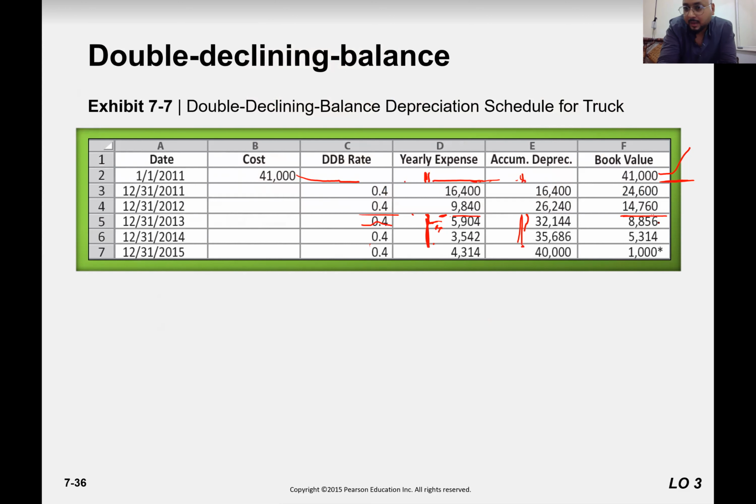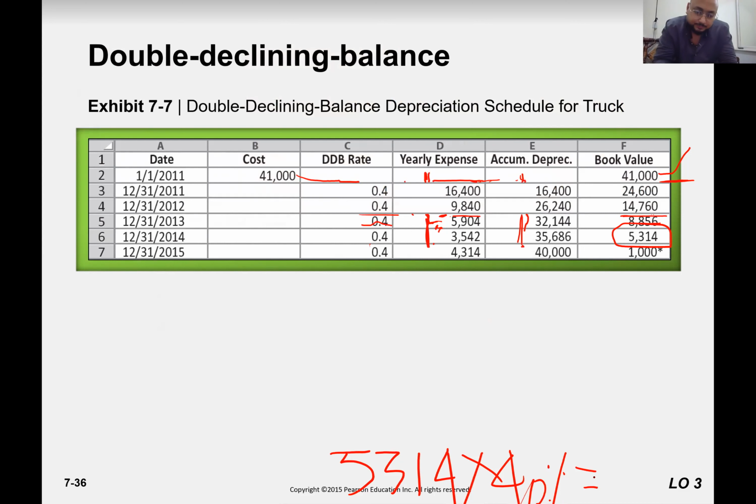If you multiply 5,314 by 40%, answer would be 2,125.6.